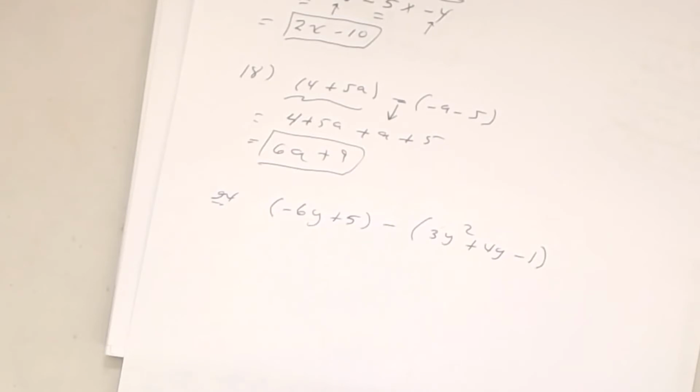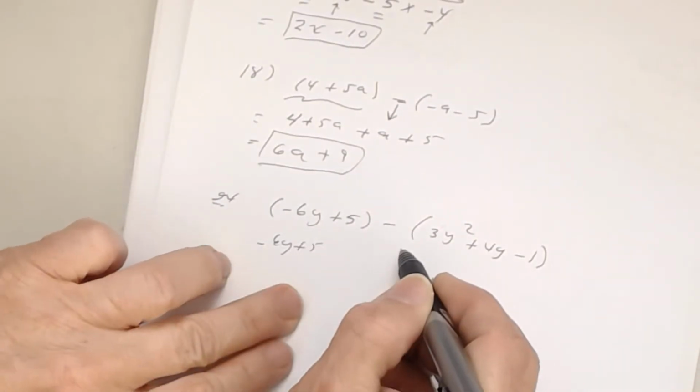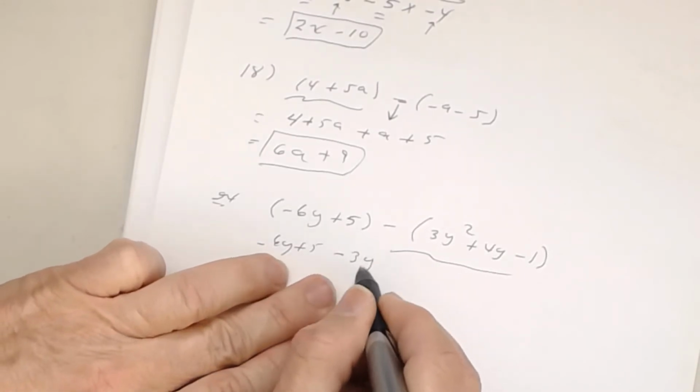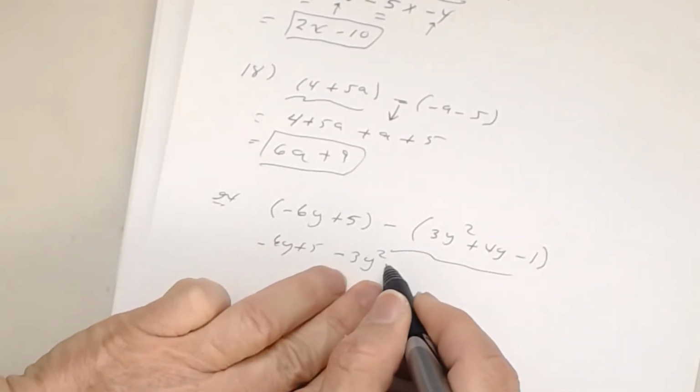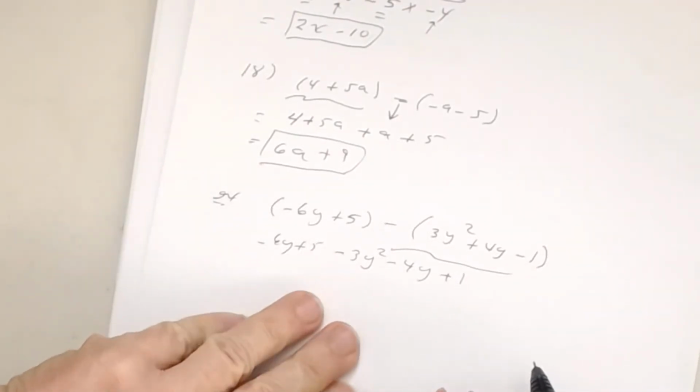All right, so I'm subtracting these two polynomials. Let's go ahead and change it to an addition problem. So this becomes negative 6y plus 5. But what does that become? Minus 3y squared, minus 4y plus 1. All right, you just combine like terms, and let's put in descending order.